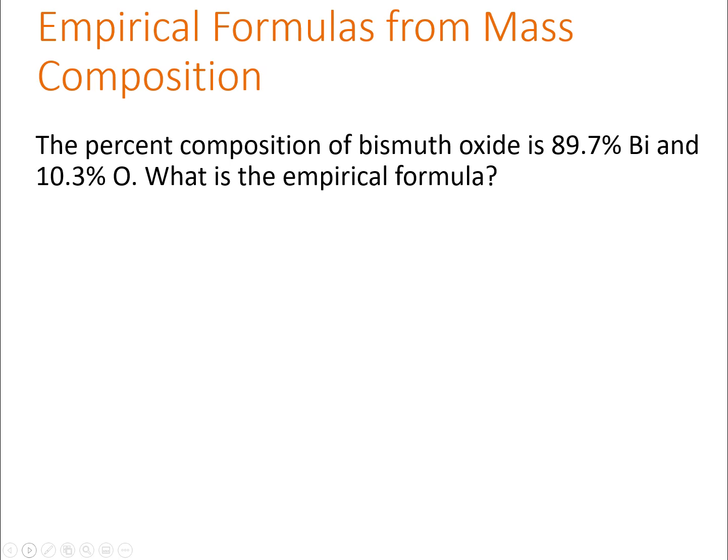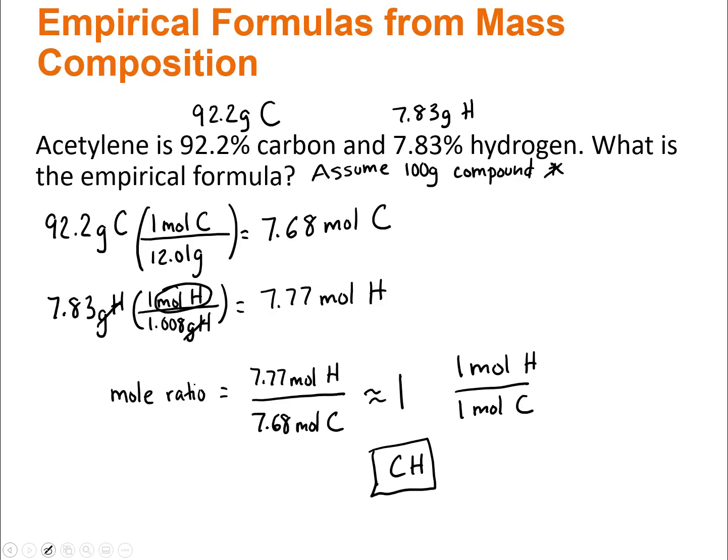So we've got a percent composition of bismuth oxide, and you have to figure out the empirical formula. I will give you 5 minutes. If you get stuck, that's okay. When I check in with you in 5 minutes, let me know that you got stuck. If you got an answer, that's great. But the goal here is to see where you get stuck. Sure, Talia, I can go back for a second. And once I go forward, we'll start the timer.